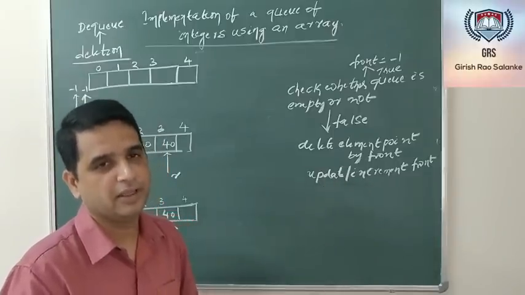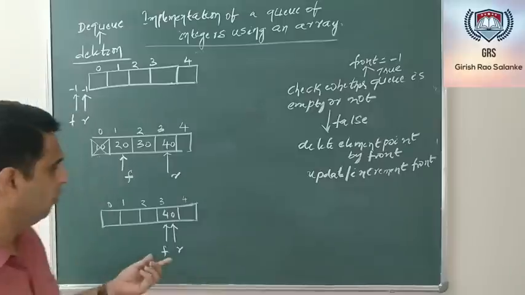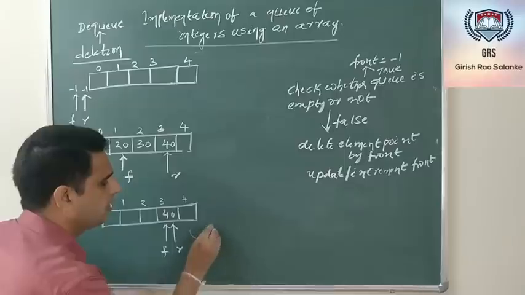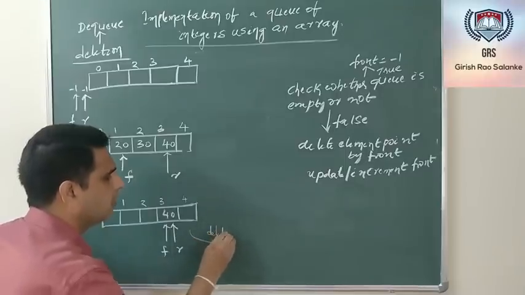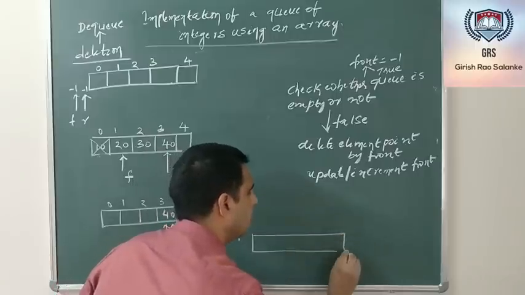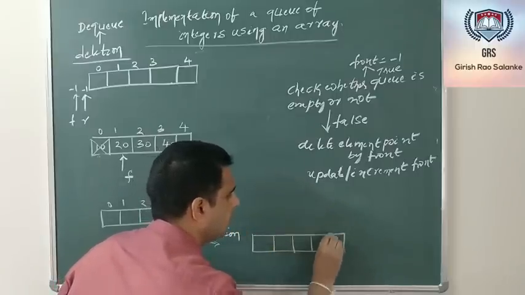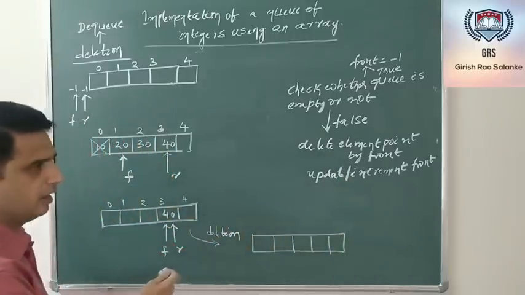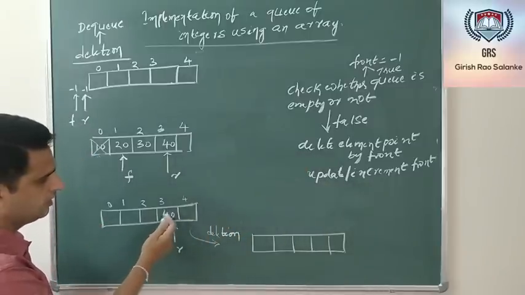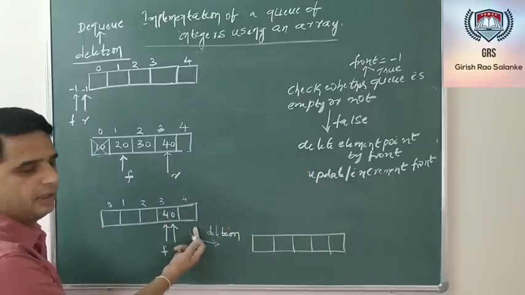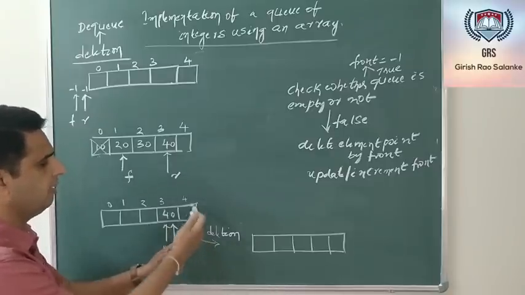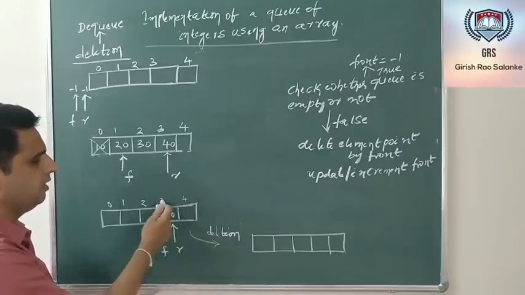This is quite fine if there are more than one element. If there is only one element and I perform a deletion operation, if I just use this particular statement, that means delete the element pointed by front, 40 gets deleted and front gets incremented. Now in that case, front will be having a value of 4 and rear will be having a value of 3.